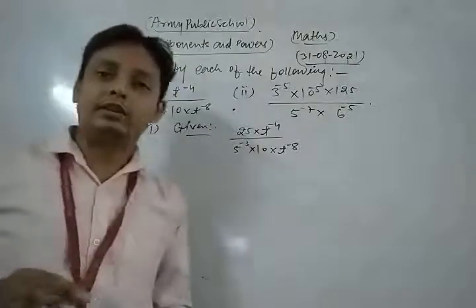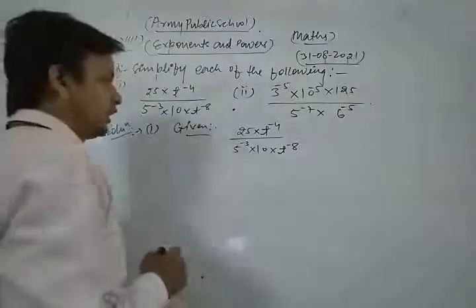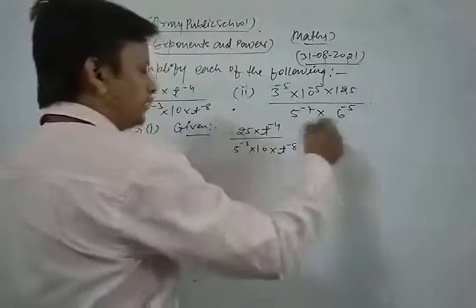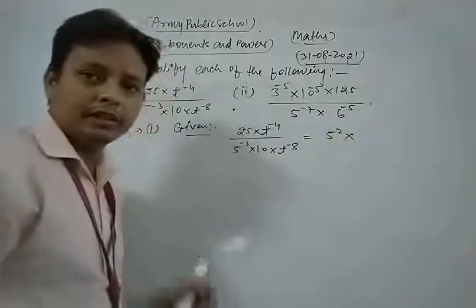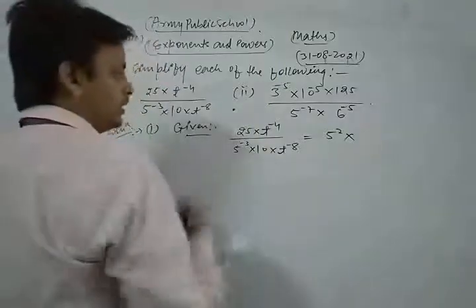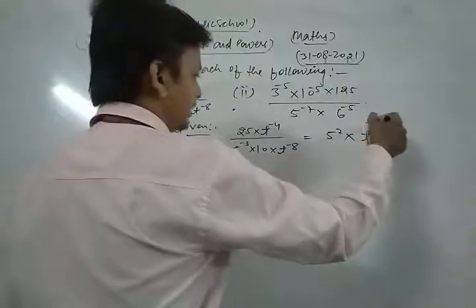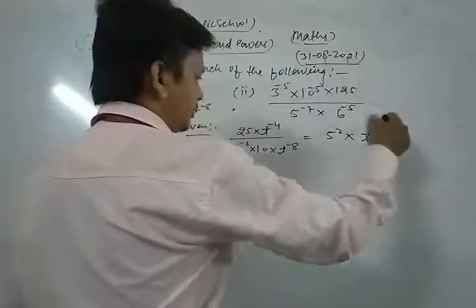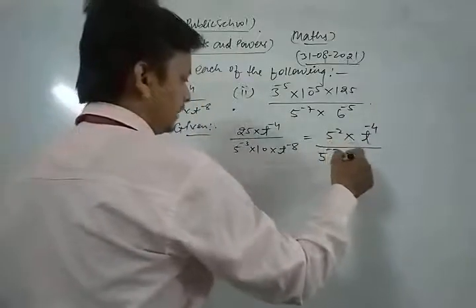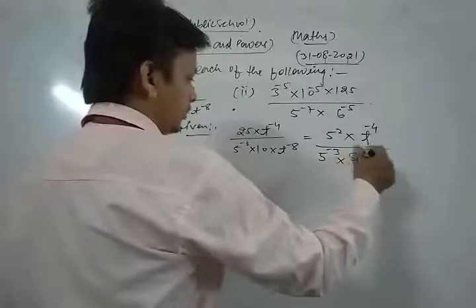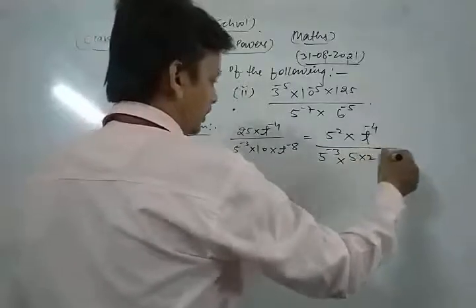For that, we can write 25 as 5 to the power 2, because 5 into 5 is 25. We write t to the power minus 4 as it is, upon 5 to the power minus 3 as it is, and we can write 10 as 5 into 2, into t to the power minus 8.